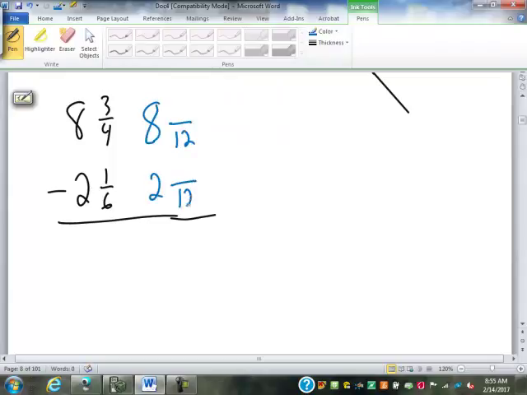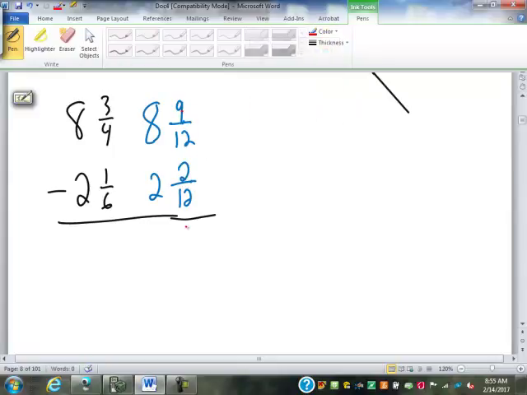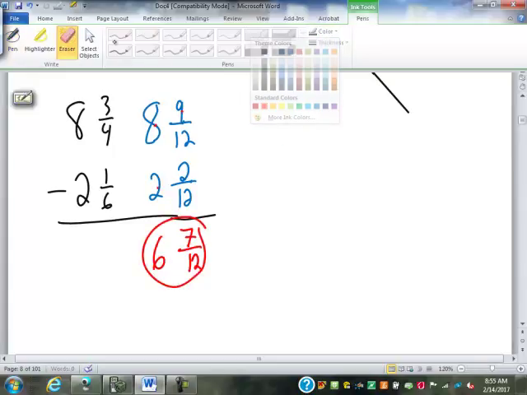It is going to be 12. This is going to become 9, and this one 2. So we subtract 9/12 minus 2/12. 7/12. We keep the same name just like with addition. 8 minus 2, 6. So 6 and 7/12.